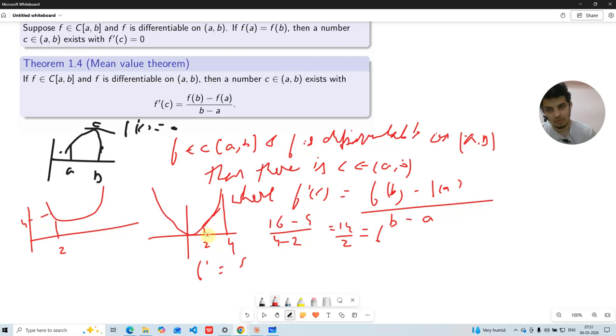Alright, at every point across this curve we will have different slopes.